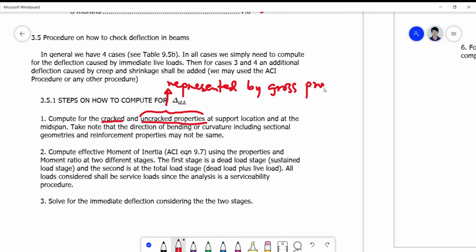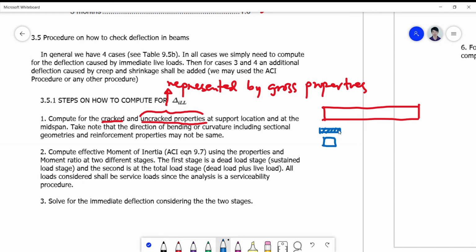Okay, so take note that we have to be cautious on the bending curvature, because if we have here a beam, okay, at the support, so my cross section will look like this.